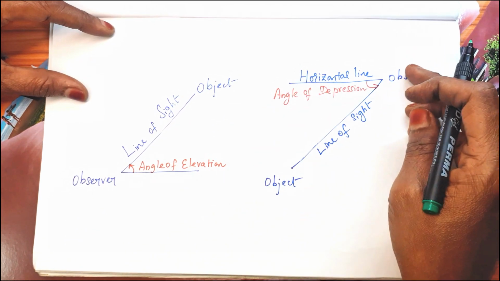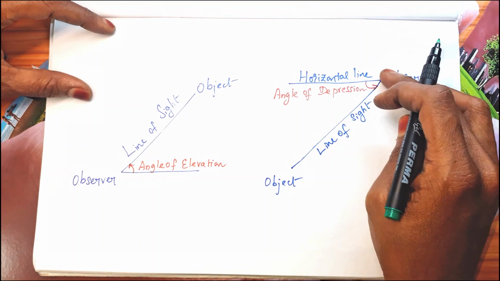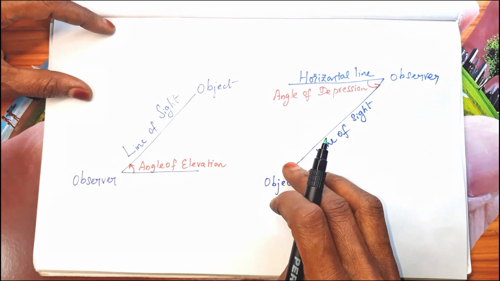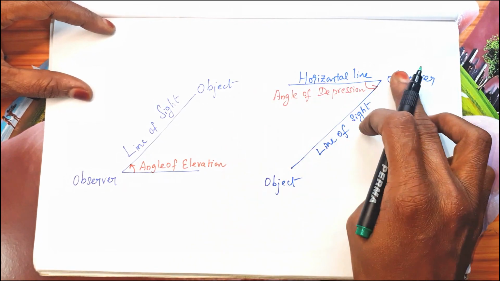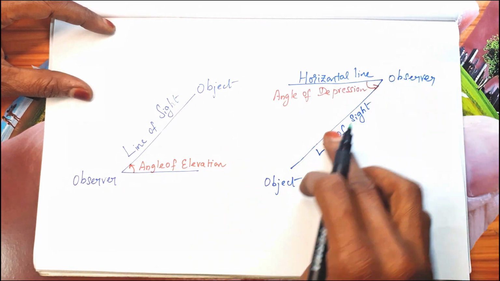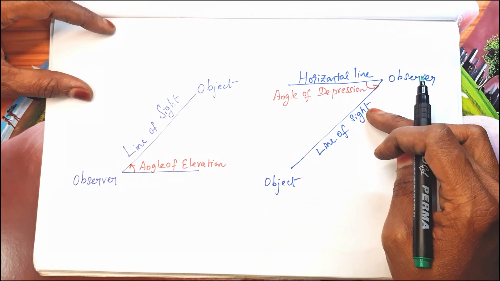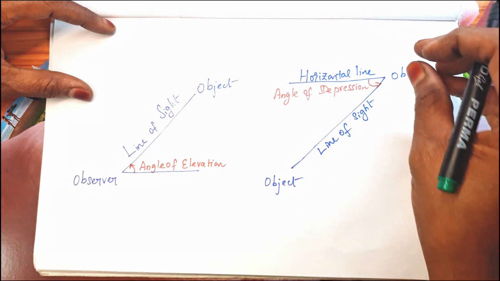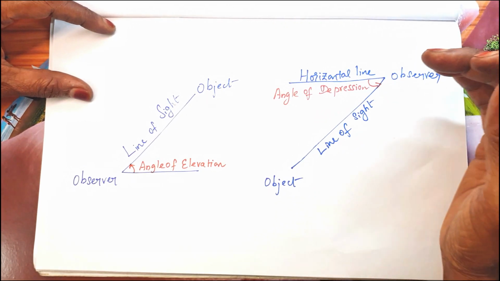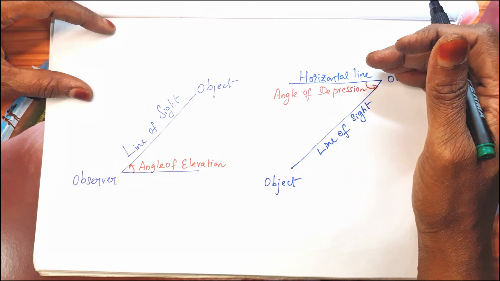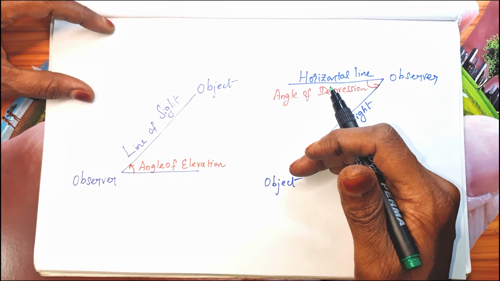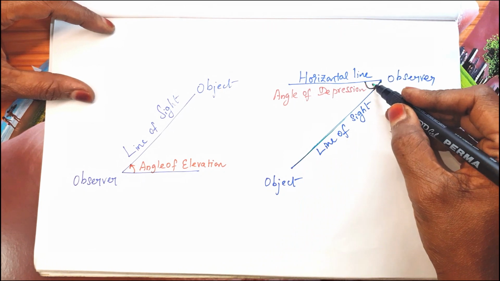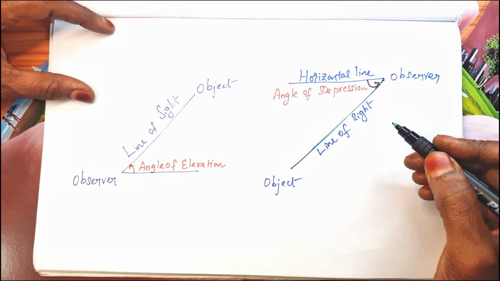Here it is reverse. The observer is at the top and is seeing an object lying below his eyesight. This is the horizontal line and the object is below, right? So this is the line of sight, and this angle is called the angle of depression. The observer is at some height, but he is observing a particle lying below. So his line of sight is this, and the angle of depression is this one, right?